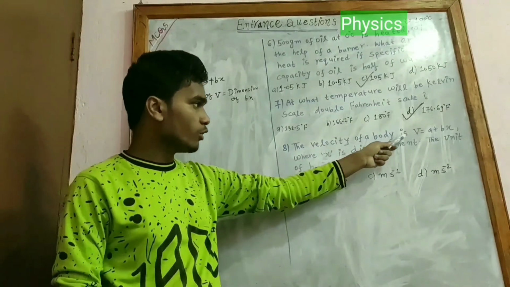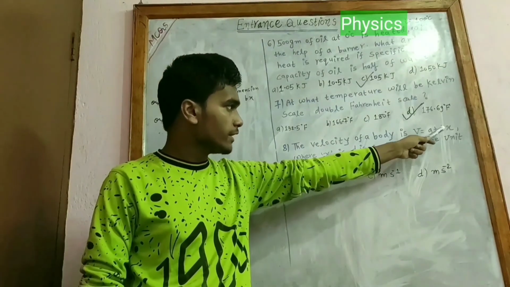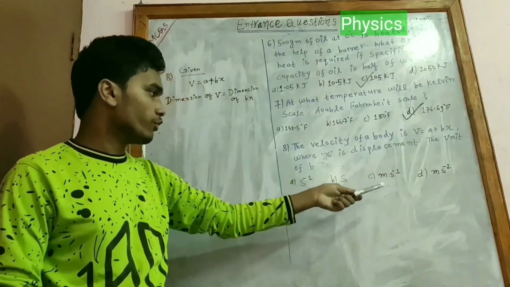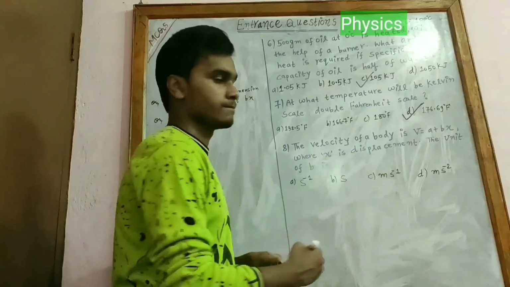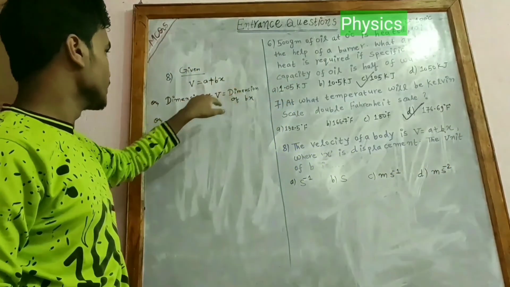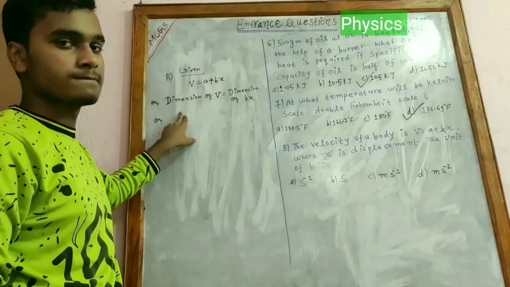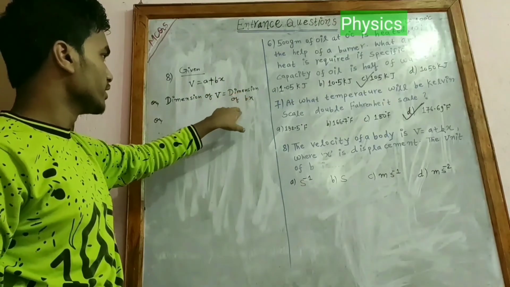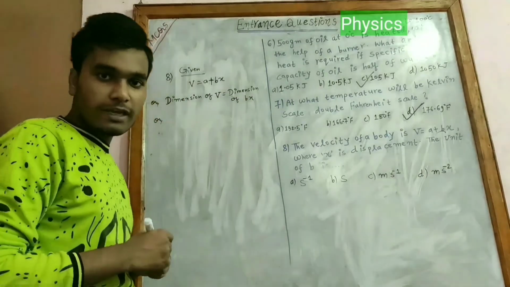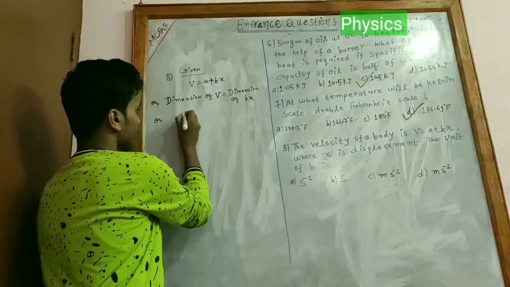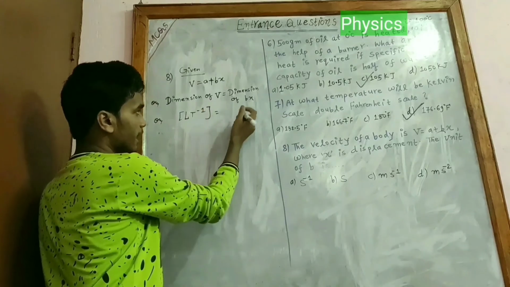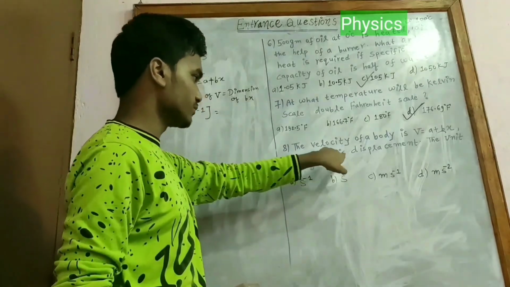The velocity of a body is v equals to a plus bx, where x is displacement. Then what is the unit of b? Given v equals to a plus bx, since dimension of b equals to dimension of bx, we know the dimension of b is T power minus 1, and dimension of x is displacement.